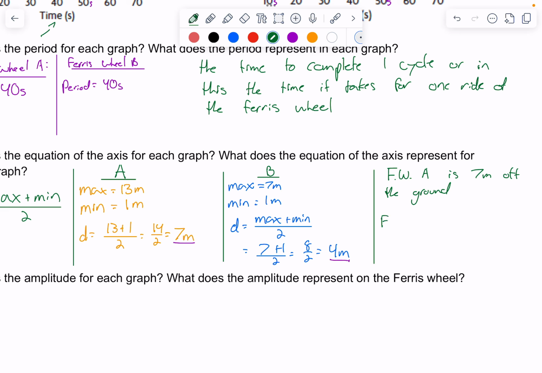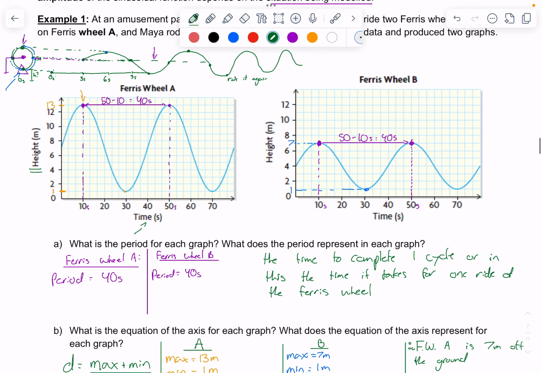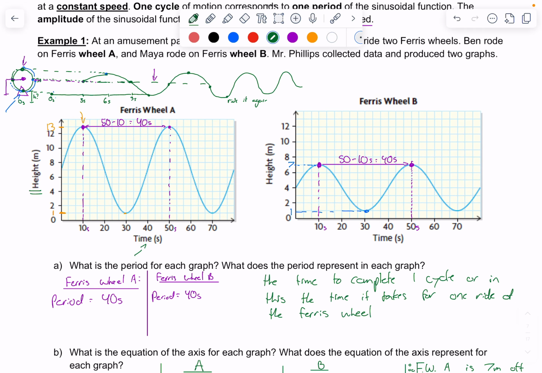And therefore, Ferris wheel B is 4 meters off the ground. Right? It's how high it is off the ground. And we got that just from the picture of what we're looking at over here.